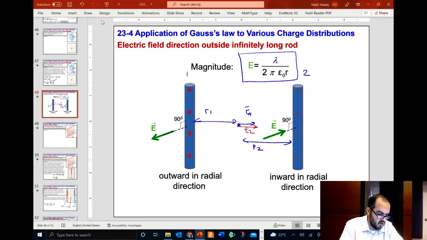Even if r1 and r2 are equal, the electric fields do not cancel in between them. However, if this was positive and this was positive, then they would cancel. The electric field between the two line charges at the center would cancel because the magnitudes are equal and the electric fields are in opposite directions.